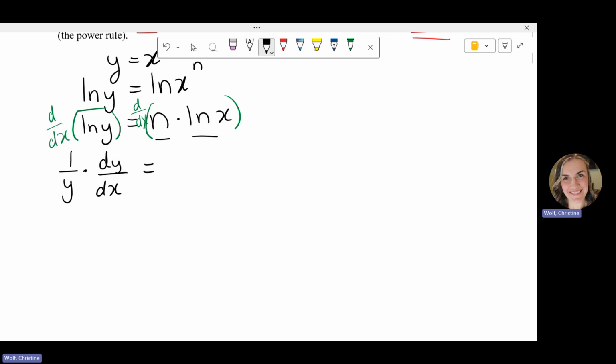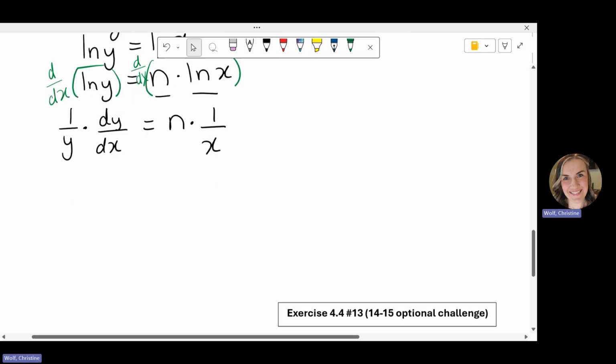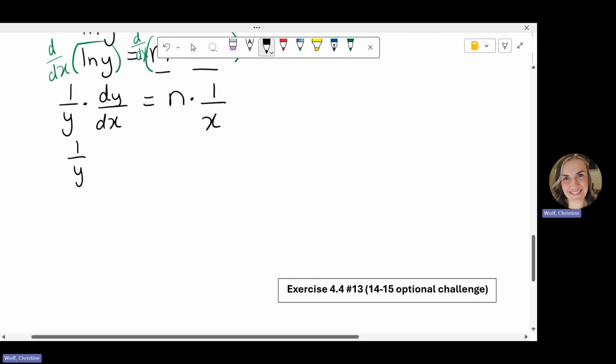If we were doing this for real, that number would plop down in front, and this big fat n is actually a coefficient. How did I tell you to deal with those? Just recopy the n, and then take the derivative of ln x, which is 1 over x. Then the next step I always did was simplify my right side. All I can do on my right side is that, so I've got n over x.